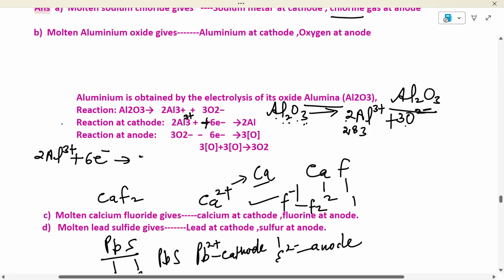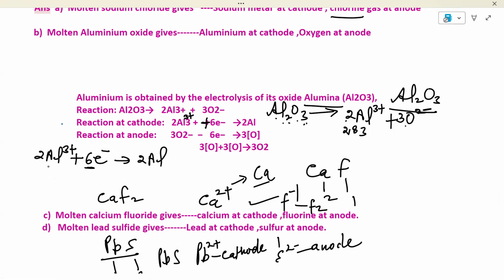Now we can get 2 moles of aluminium metal, right? Why are 6 electrons here? Because we have 2 atoms of aluminium here. I hope you are getting what I am explaining, because we have 2 aluminium cations, and each aluminium cation has 3 charge, right?